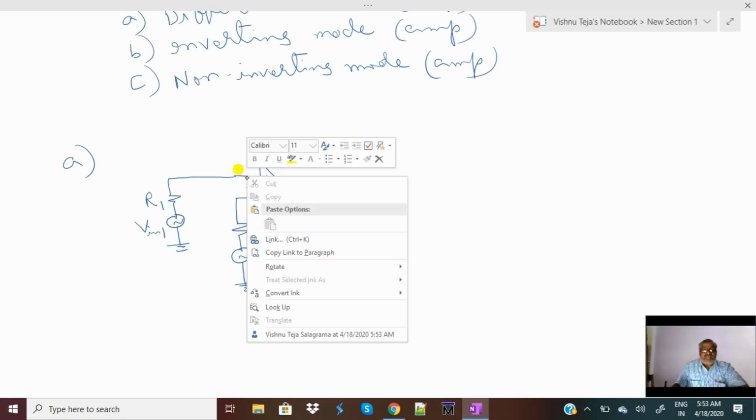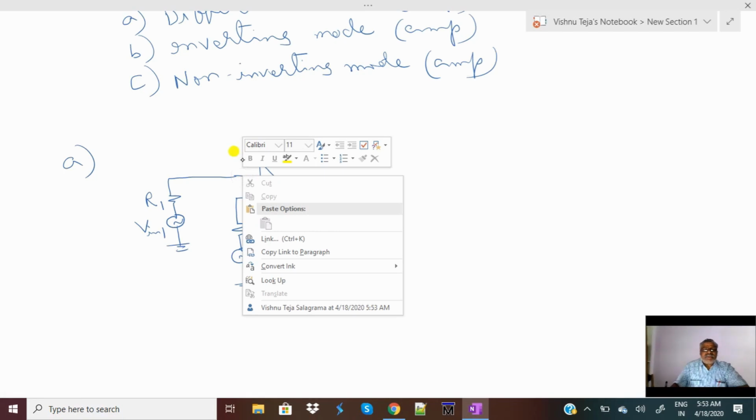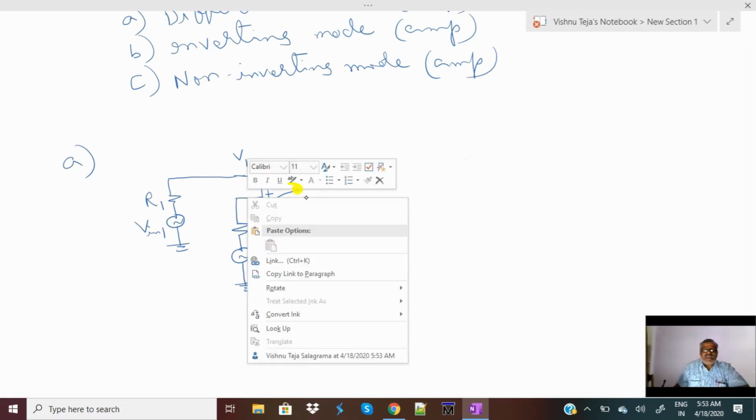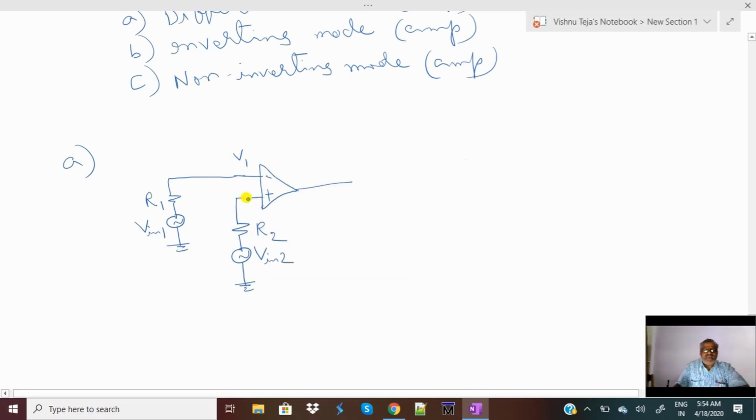The voltage at the inverting terminal is normally represented with V1, and the voltage at the non-inverting terminal is represented with V2. So the differential voltage between the input terminals, VID, will become equal to V2 minus V1, and the final output is normally represented with V0.